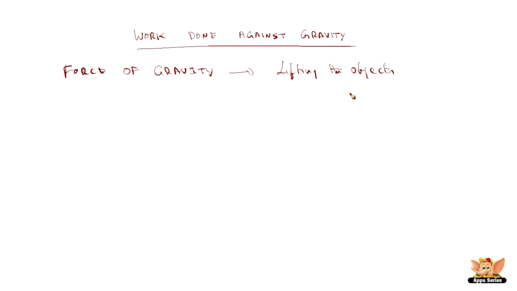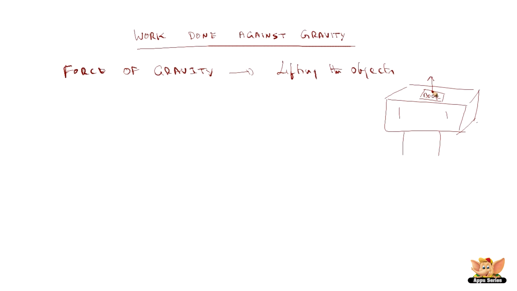There is a force applied on the object by lifting it up, but there is also a force of gravity by the earth, because the force of gravity of the earth pulls everything down towards its surface. So when we lift a book from a table, let us say there is a table, there is a book, and we are lifting the book.